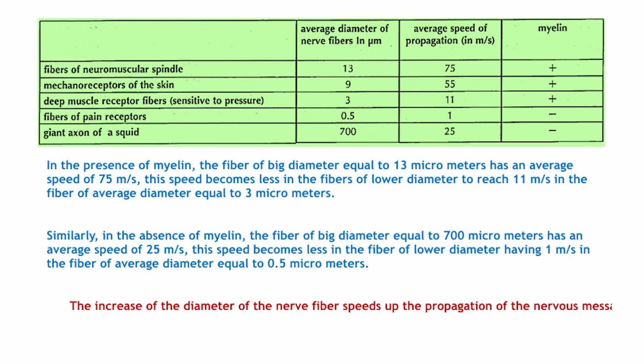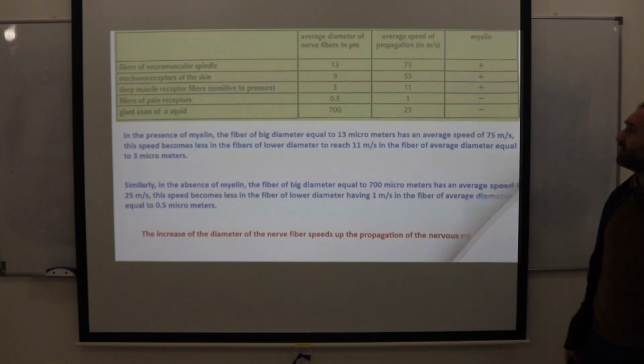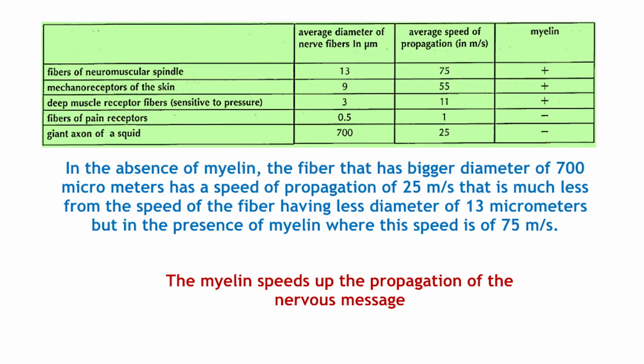This leads us to this meaning. This means that the increase of diameter of the nerve fiber speeds up the propagation of the nervous message. This is the first meaning taken from this given. If we take this given again, according to the myelination, the presence or the absence of myelin, you can read this analysis.